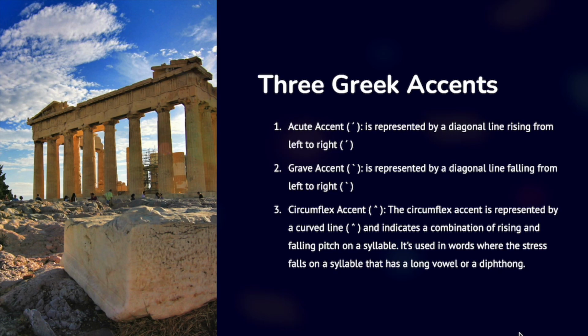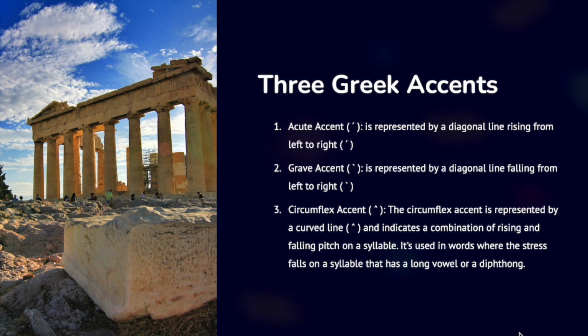Now, one more thing to remember before we move on to the main rules. When accenting a diphthong, the accent goes over the second letter of the diphthong. By convention, if you put the accent over the first letter of a diphthong, it indicates that the 2 letters should be pronounced as separate vowels rather than as one sound or a diphthong.